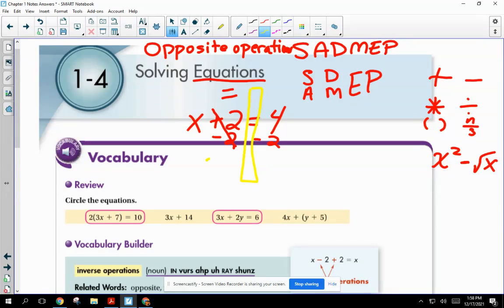So the x comes down here, and then 4 minus 2 equals 2. So x will equal 2 in this situation. And we know it's right when you put 2 in for x. So 2 plus 2 equals 4, so 4 does equal 4. We know we did that right. We'll discuss more of this as this chapter goes on.